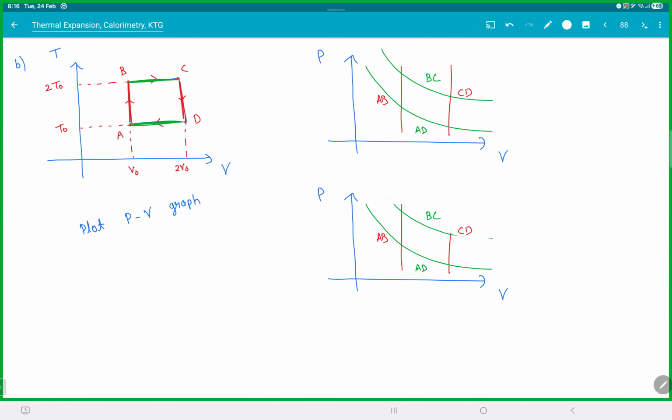Then I can just erase these extra lines. That is how it would look.